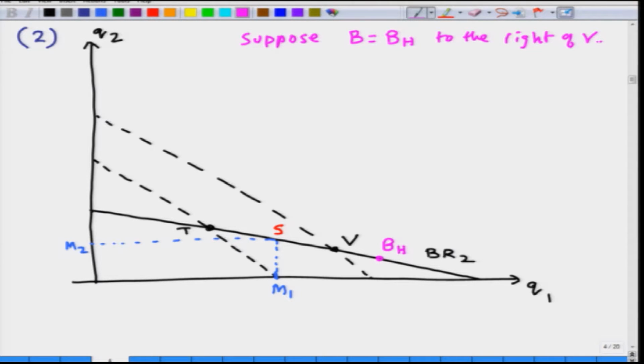Now, in this case notice, this is the point where the entrant's profit has become 0. So, this essentially means that even at its least preferred Nash equilibrium point V, the entrant earns positive profit. So, this means that pi 2 at V1 V2, so this corresponds to V1 and V2, right.